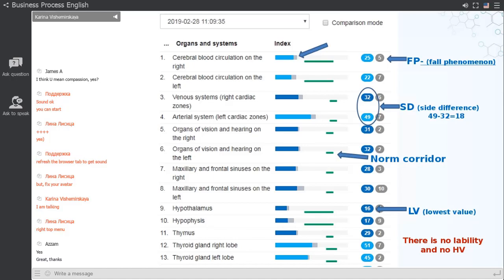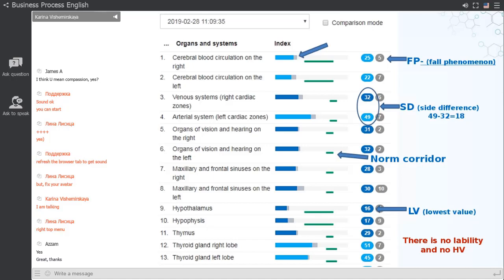I will prepare a document for those who are interested in these numbers, because we have numbers from 1 to 100 for the different results. The norm corridor is marked here as green. So if these blue lines grow until the green lines, which are different for different organs and systems, it means they will be in their normal corridor.